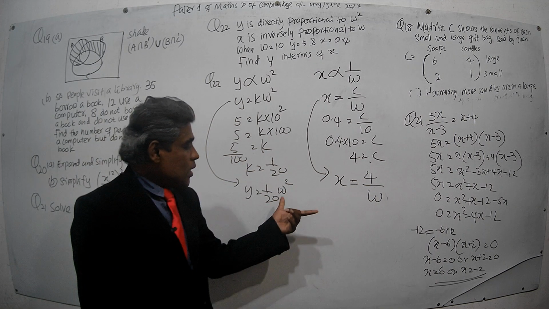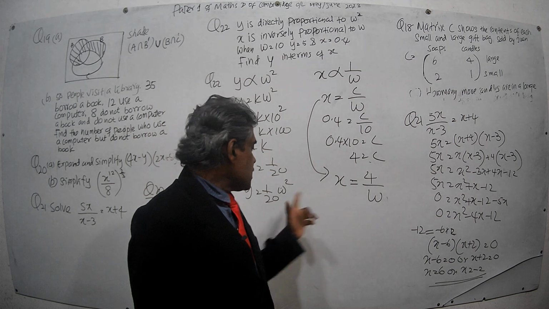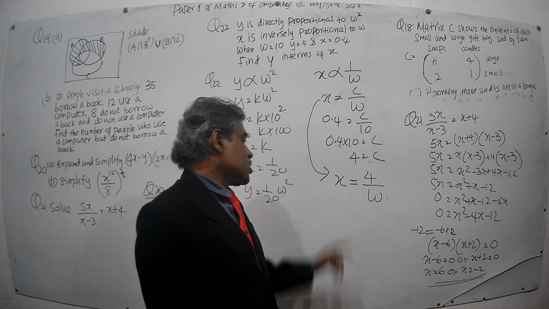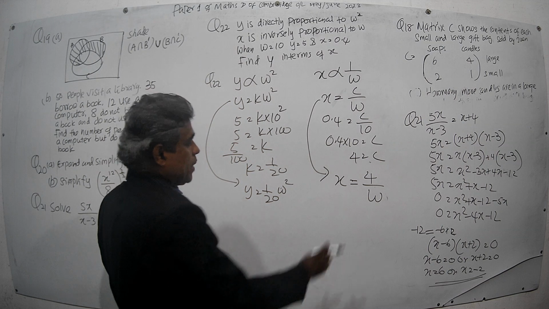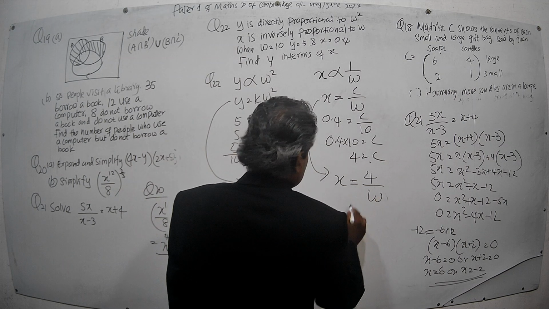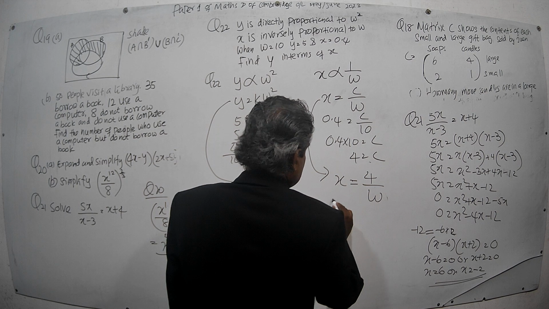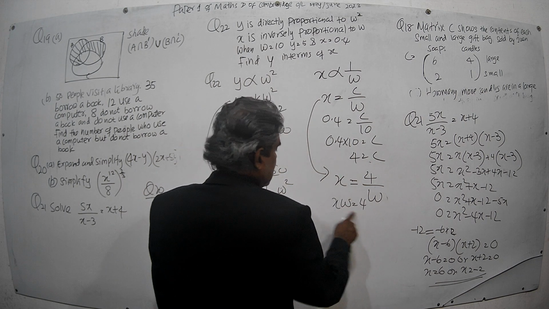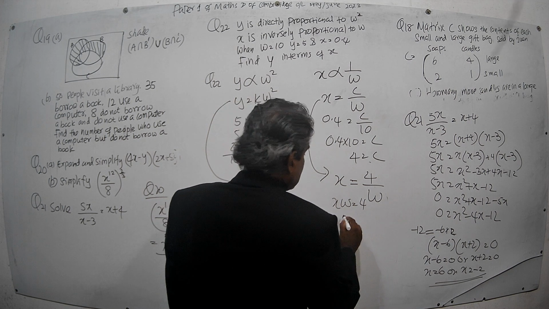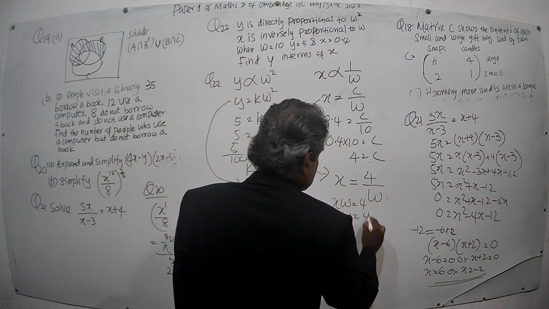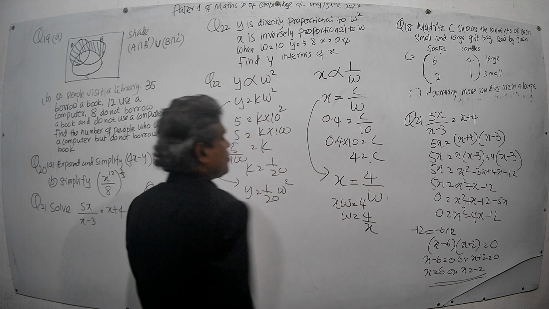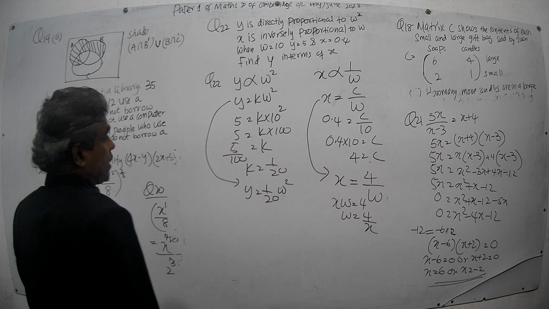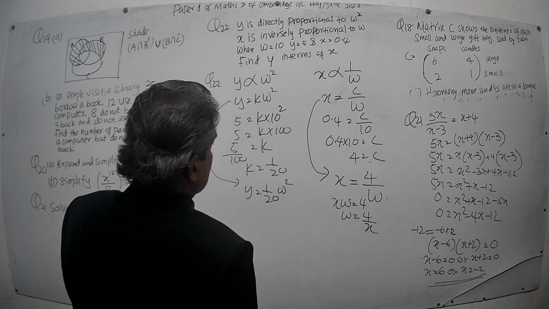Therefore, you find a common variable in both, that is w. By using this w, we connect these two equations. We make w the subject. Take w to this side: xw equals 4. To make w the subject, take x to the other side, the multiplication by x becomes division by x. Then w is 4 over x.